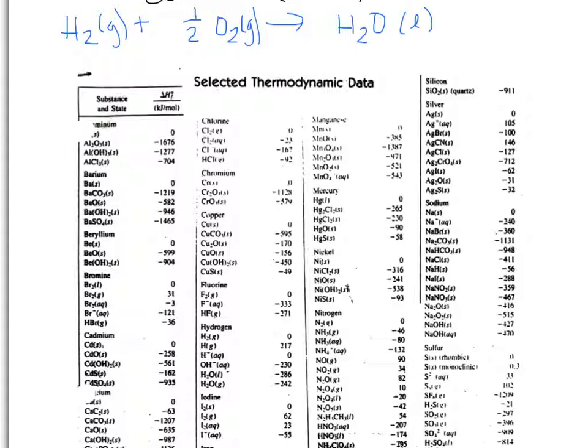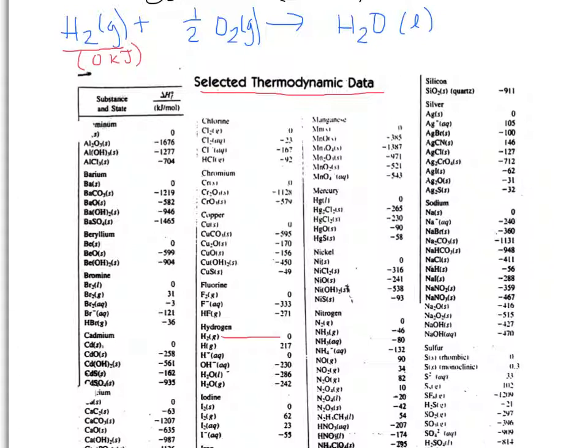So what you'll see below me here is a reference table called thermodynamic data, and we're going to go down and look up the values for each of these. So for example, you're looking for hydrogen gas. Here you'll find hydrogen gas on the table. It takes 0 kilojoules of energy for that formation.